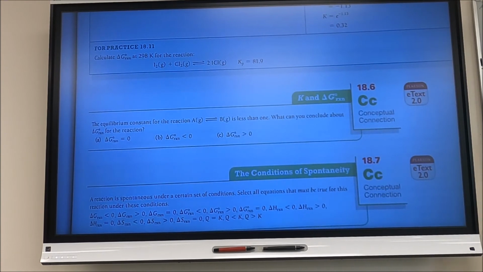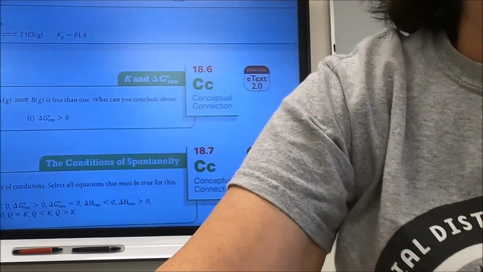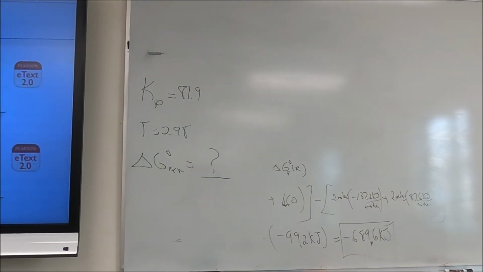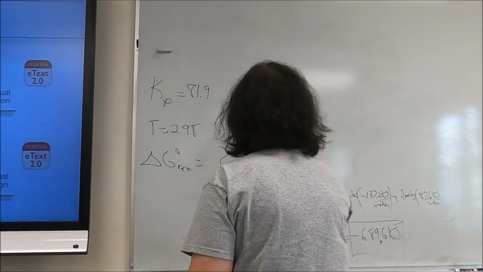So we're given Kp is 81.9, and we're told that the temperature is 298. And we're asked to find delta G0 for the reaction. So that's what we're working with.